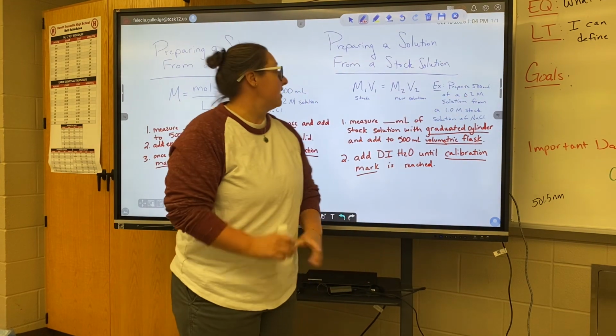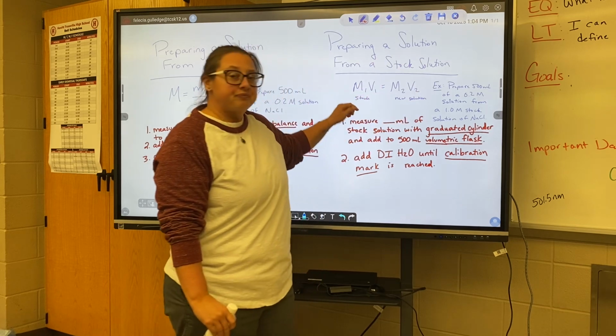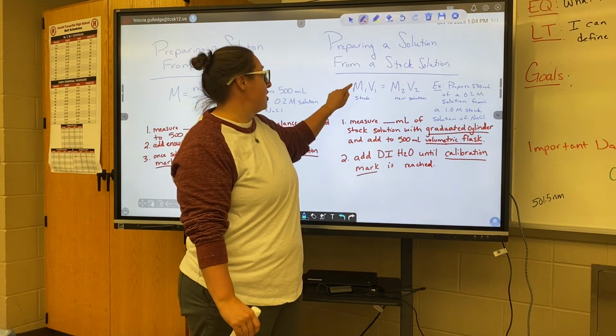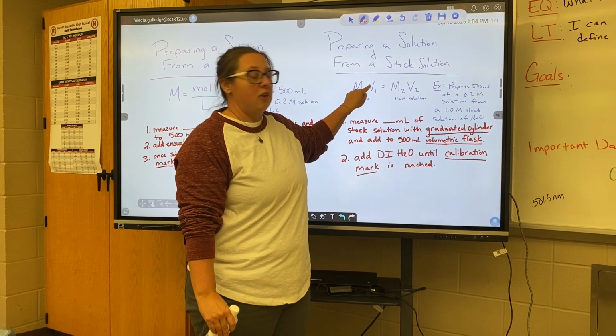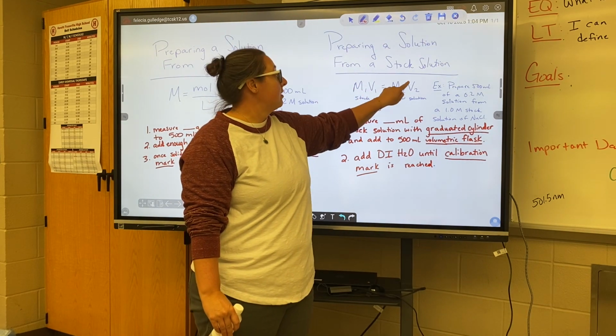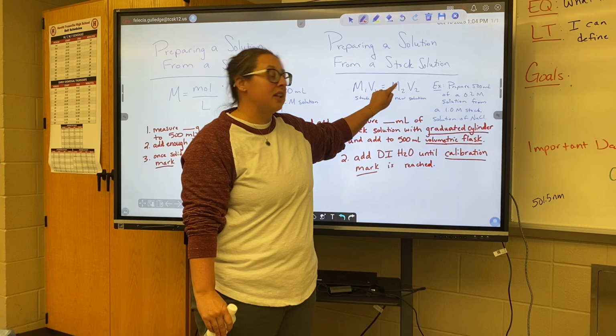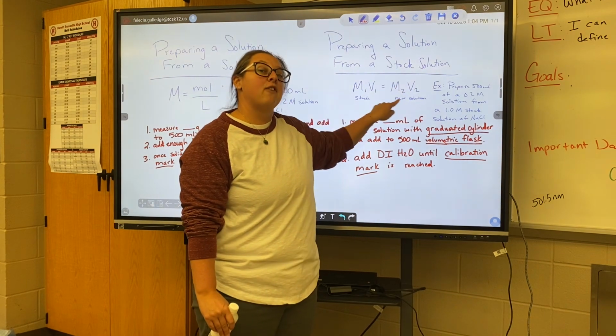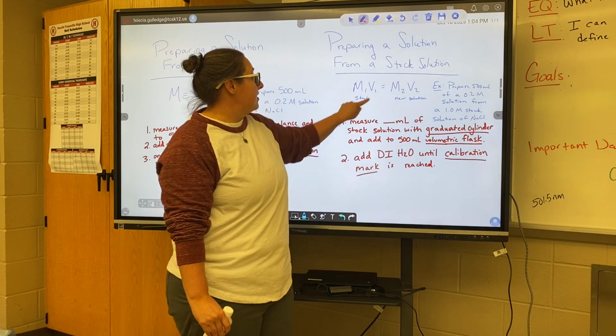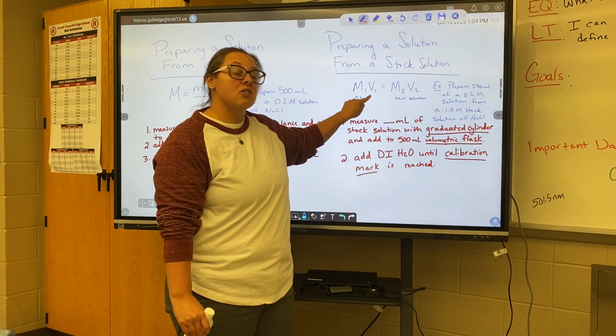How we do that is we use this equation. This is called the dilution equation, M1 V1 equals M2 V2, where M stands for molarity and V for volume. This M1 V1 is of our stock solution.